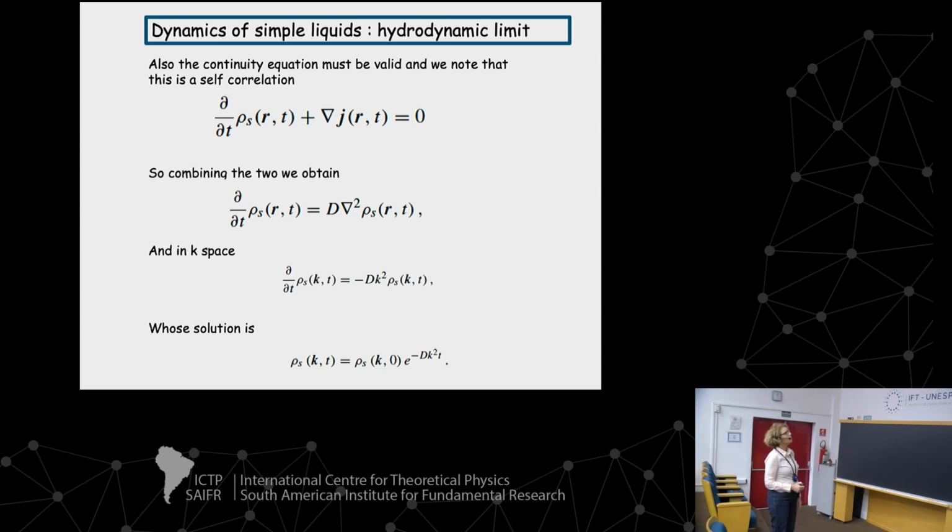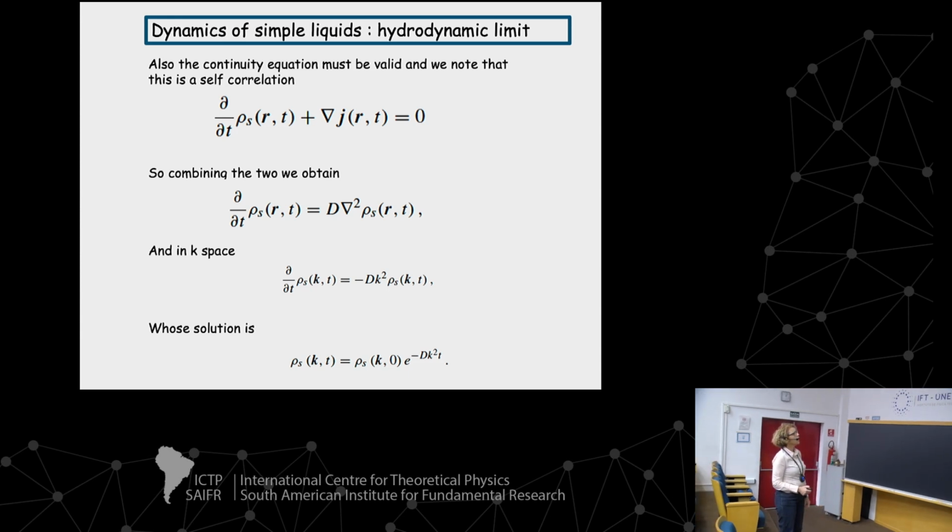Okay, so combining the two, combining with the Fick law, we obtain that the derivative of the density is equal to D nabla squared rho_s(r,t).